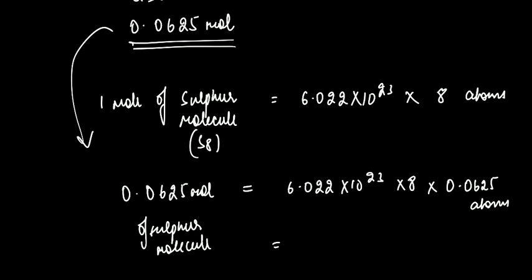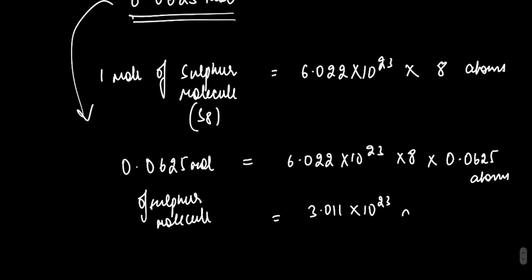So we can calculate: 6.022 into 8 into 0.0625. This will be 3.011 into 10 to the power 23. Right? So these many atoms we have calculated, which is approximately half of the Avogadro number, right? So that's the answer.